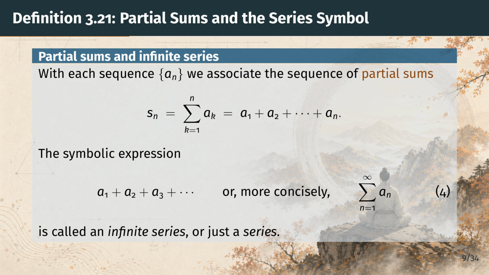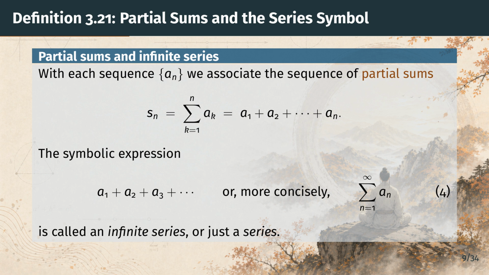Now the central definition. Starting from a sequence a sub n, we manufacture a brand new sequence by accumulating the terms one at a time. The n-th partial sum, written S sub n on the slide, is just the finite sum of the first n terms. Each S sub n is a perfectly ordinary finite sum. What is new is that we view them collectively as their own sequence.